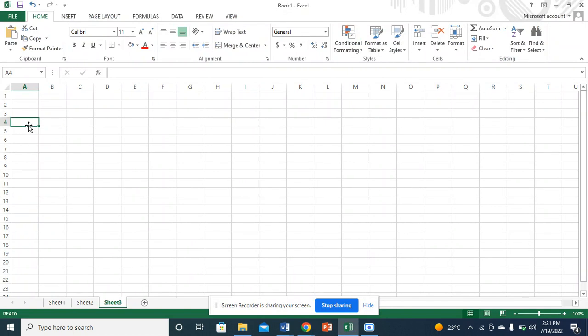Let's say, for example, we have a trial balance here. Let's make a small trial balance with debit and credit columns. Let's say capital, we have 50,000 here. Cash 50,000.